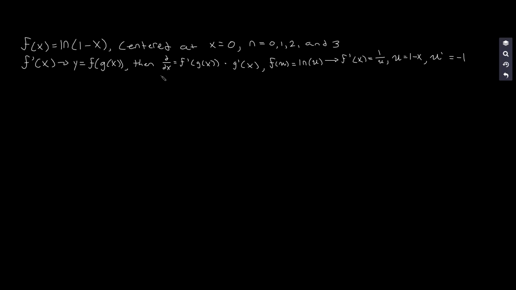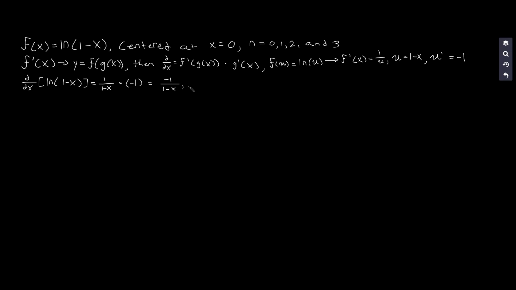The derivative of the natural logarithm of 1 minus x is 1 over u, where u is 1 minus x, times the derivative of u, negative 1. That's going to be negative 1 over 1 minus x.